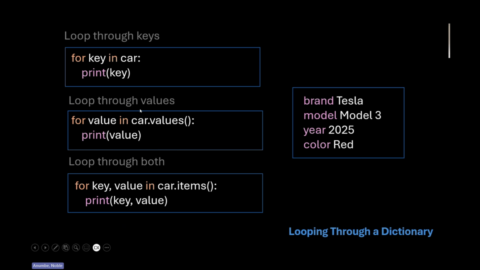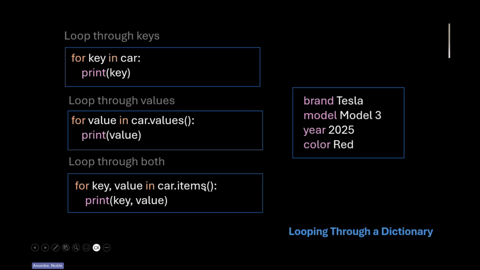So we can also loop through the various values. And this is what you have for the value in cars.values. You can do the same thing. Or if you want to loop through both of them, instead of just writing it individually, you can just come in here. Notice what's happening. First of all, you do your for key first, then comma, and then you bring in value in cars.items.